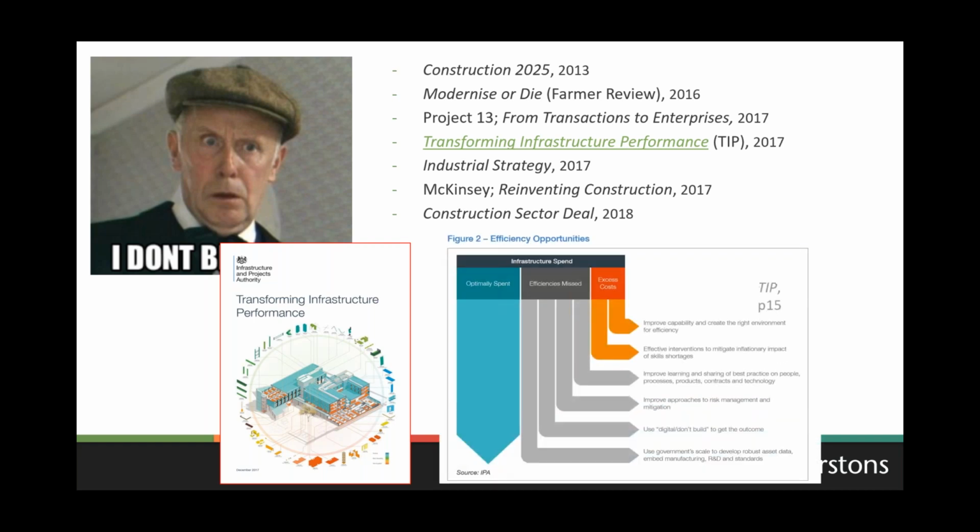In particular, this graphic from page 15 takes a much more nuanced look at value rather than cost and how you can derive value. A lot of projects sit in the optimally spent box, and it is assumed that by optimally spending, you are delivering the other things that you can potentially deliver, but so often those are missed. And this has been quite an effective document within government.